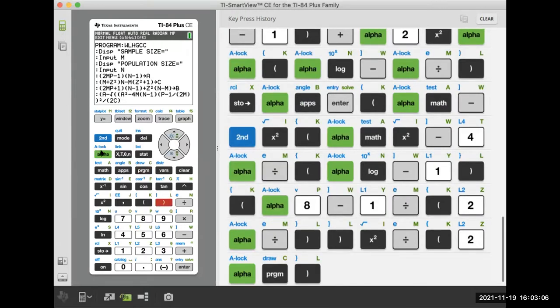Let me just check really quickly. A minus, oops. I have an extra. I wrote that somehow incorrectly. Okay, A squared minus 4m, n minus 1, p minus 1 over 2m squared. I forgot a c here.